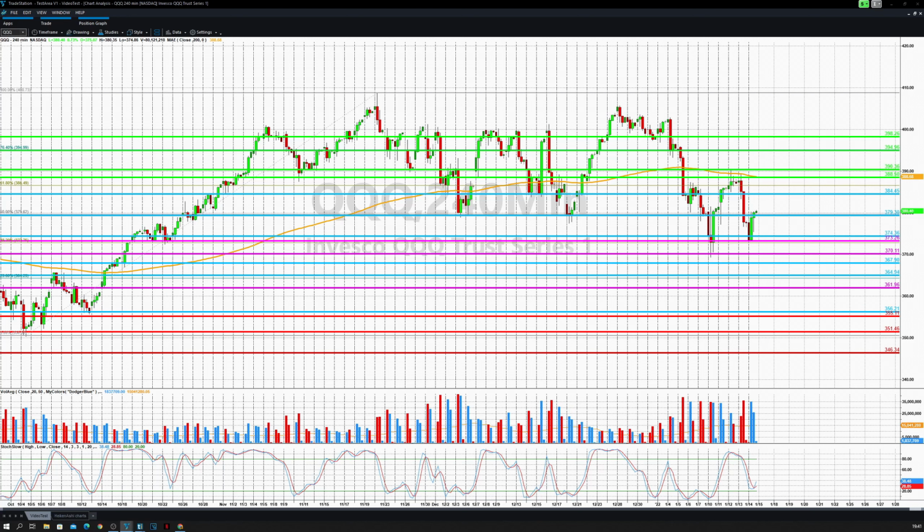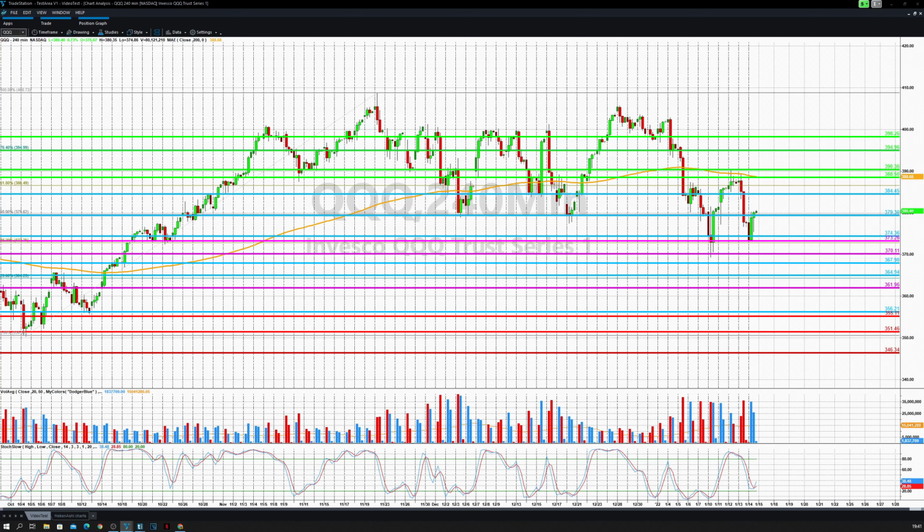So yeah, with the Qs we see another push to the upside, 385 area with a key resistance. Several small reversals at 382, and 385 is a key area for the move to the downside again.